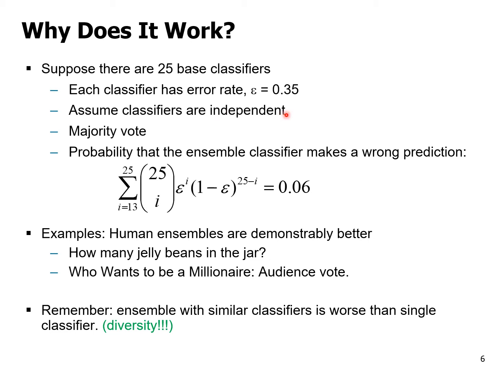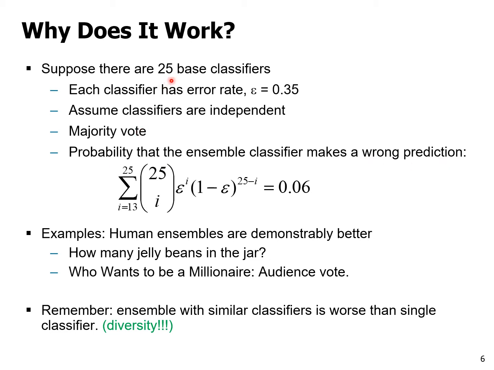Again, I said this is very important. And also assume we're going to use majority vote when combining the predictions from different classifiers. Then let's compute the probability that the ensemble method makes a wrong prediction.